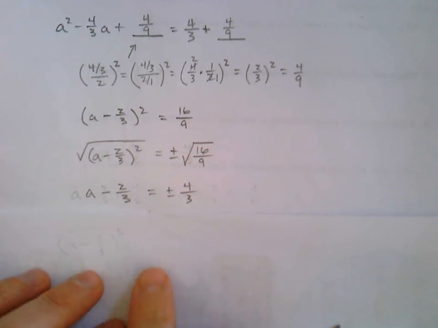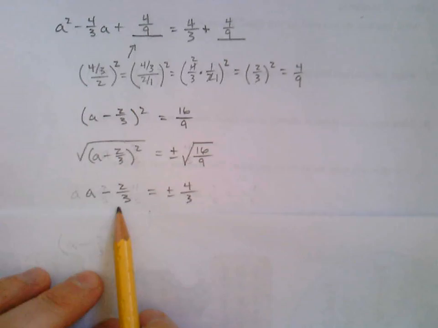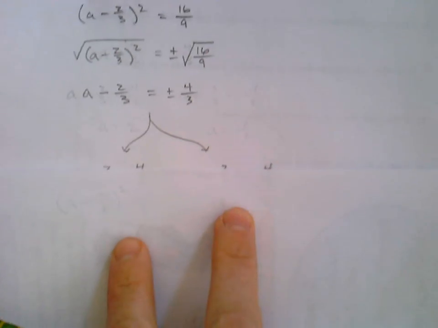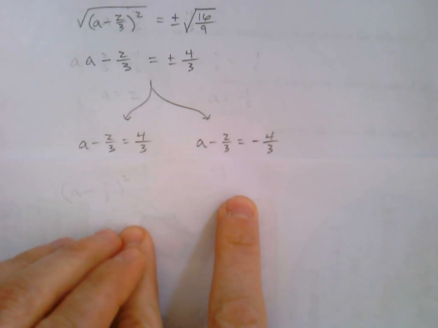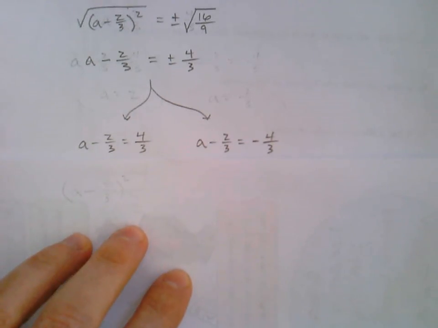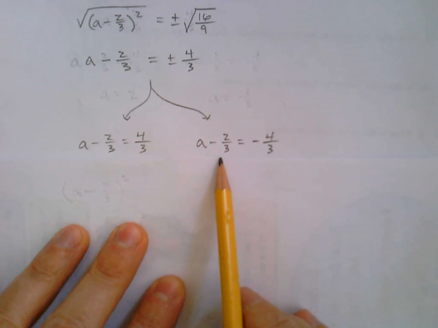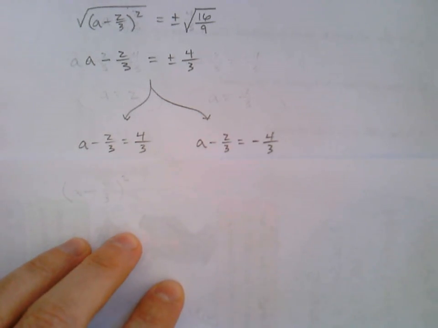And here we see, oh, I've got that plus minus, but I'm not done. So let's rewrite it like this. A minus 2/3 equals positive 4/3, and A minus 2/3 equals negative 4/3.